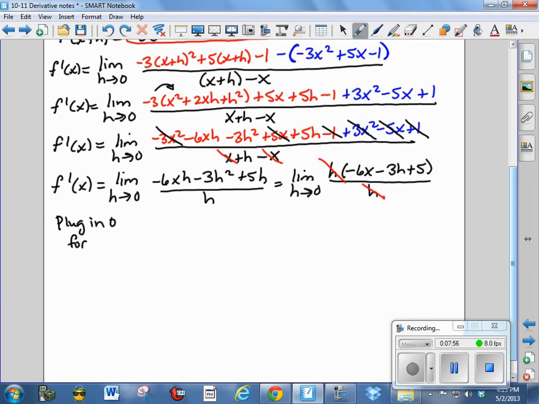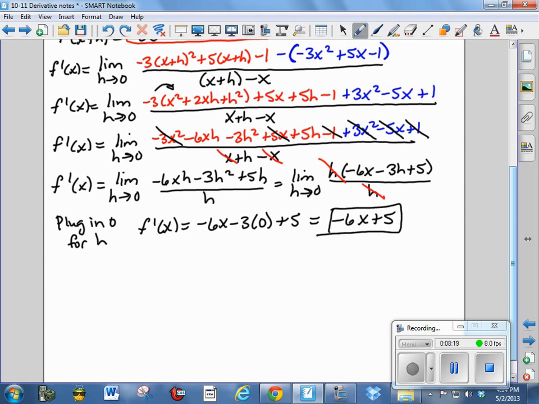So this ends up being that now f prime of x is equal to negative 6x minus 3 times 0 plus 5, or negative 6x plus 5, which is what I wanted to end up with before. Yay! Happy smiley face. I'm so glad that I got negative 6x plus 5, because if I hadn't, I would have done something wrong. So this hopefully will be helpful for you when you approach a problem like this.